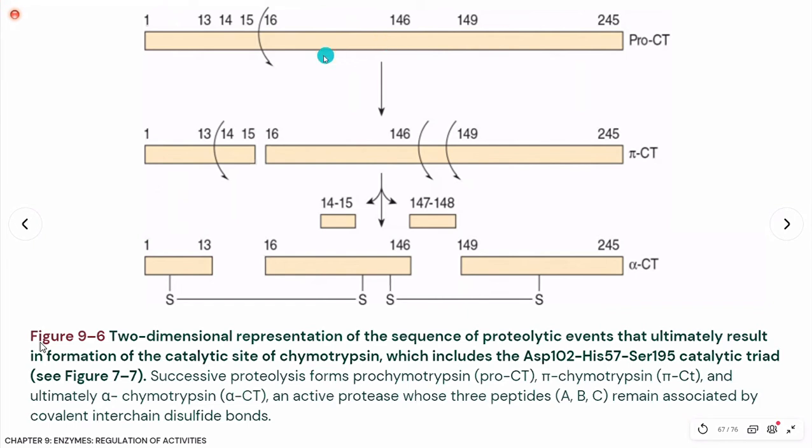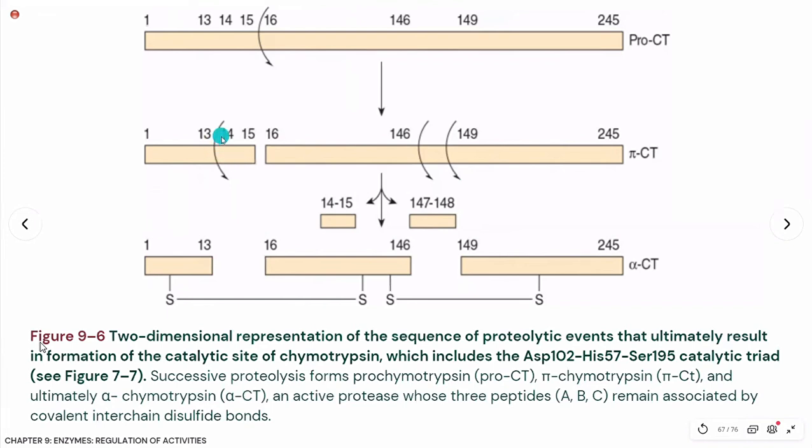The start of activation: first, there is a break between amino acid 15 and 16. And so you have gamma chymotrypsin here. And then there's a break between 13 and 14. There is a break here in 146 and before 149. So you have a small portion made up of amino acid 147 and 148.